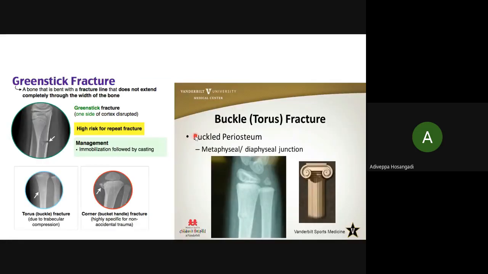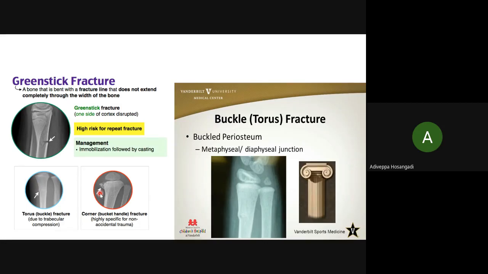Why is it called a greenstick fracture? One side is fractured and the other side remains intact. It is incomplete. In adults a fracture is complete, but in children the bone is soft and elastic. It can bend.